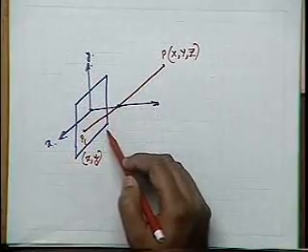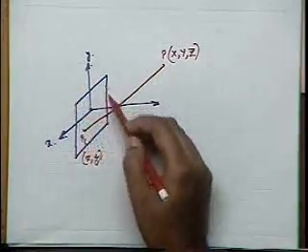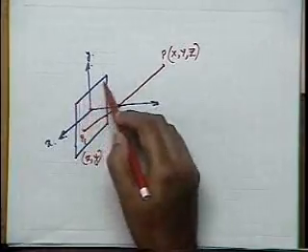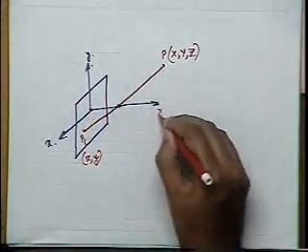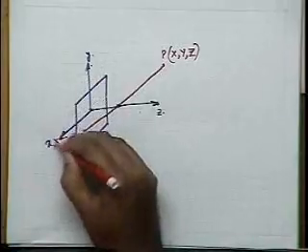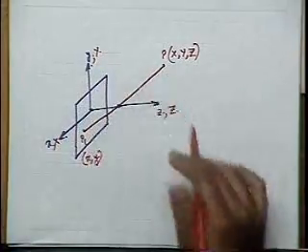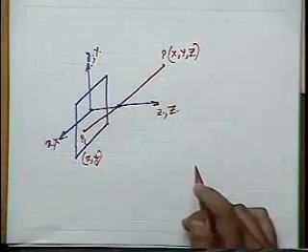We were all the time assuming that the coordinate system for small x, y, z and the coordinate system for capital X, Y, Z are the same.